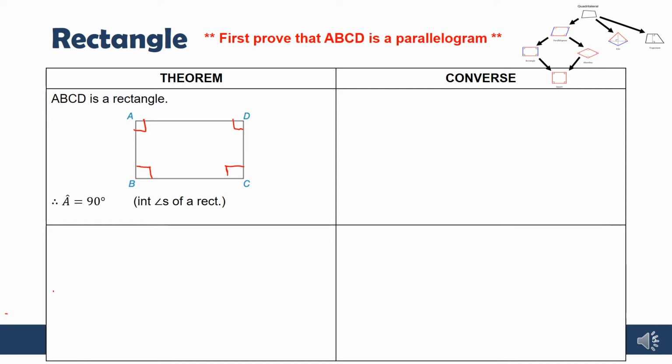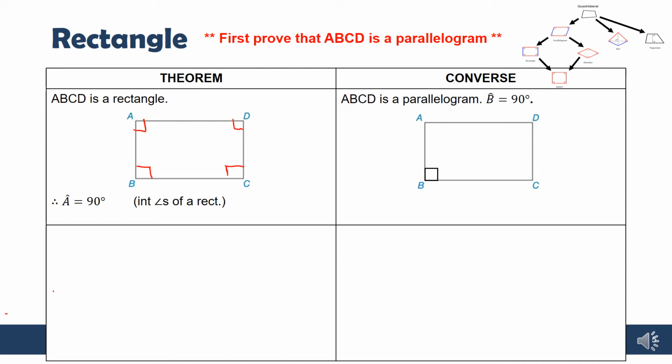Now the converse of that is, if we don't already know that it's a rectangle, so we know that it's a parallelogram, but we also know that one interior angle is equal to 90 degrees. And as soon as that's the case, if one angle is 90 degrees, then I can conclude that it's a rectangle. But you might be saying, don't I have to show that all the angles are 90?